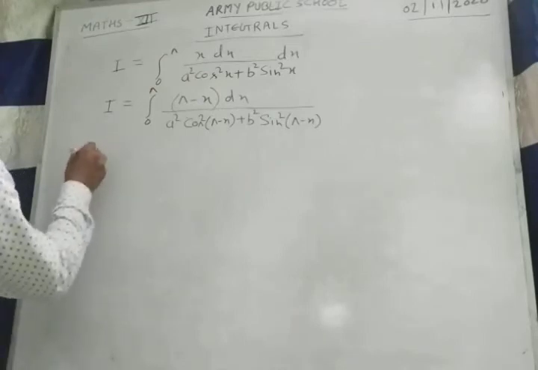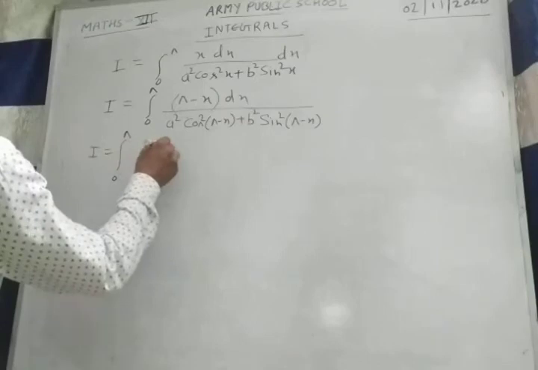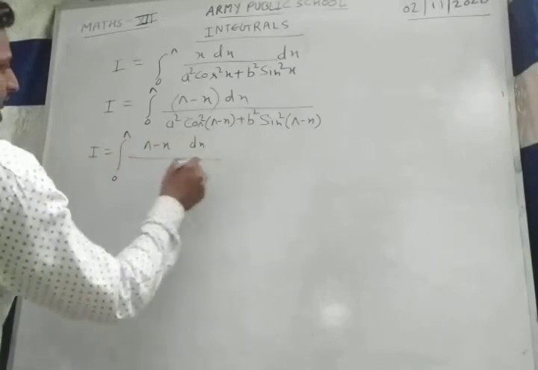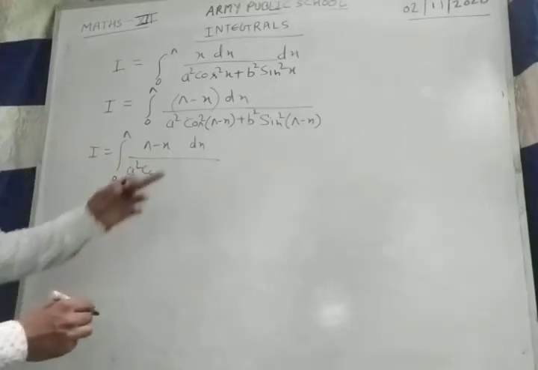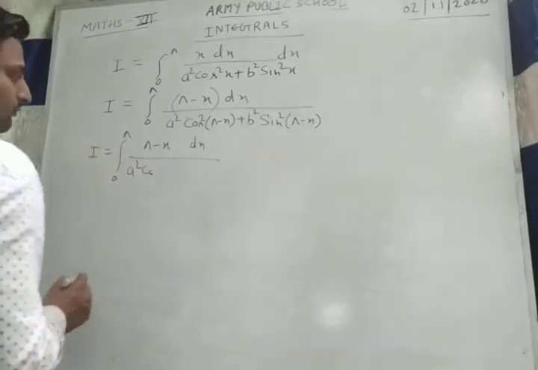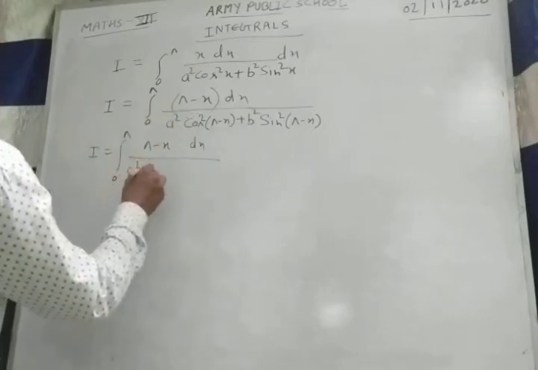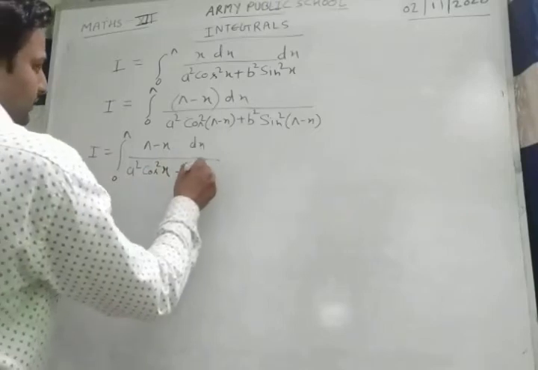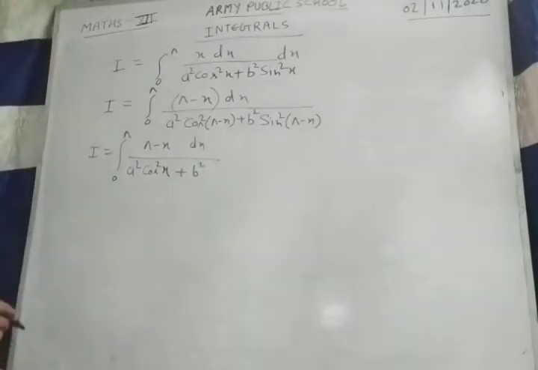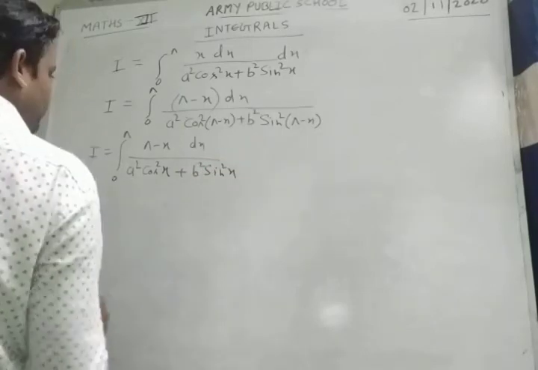Now we write I is equal to integral from 0 to pi of (pi minus x) dx by a square cos (pi minus x), which is minus cos x, so squaring, we get cos square x. Sin (pi minus x) is sin x, so we write sin square x.